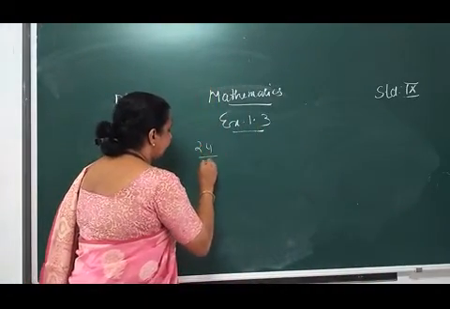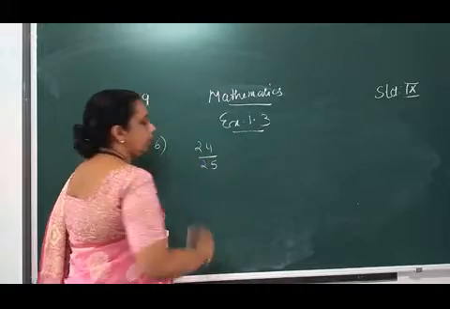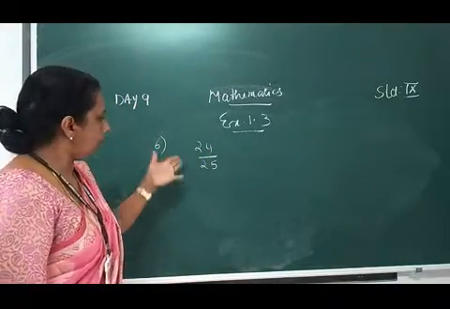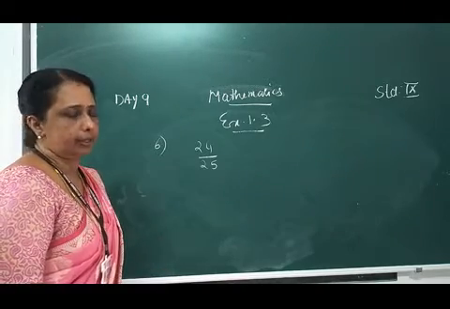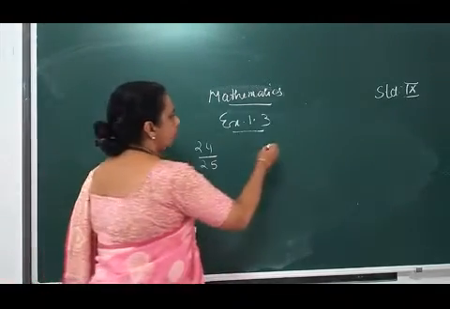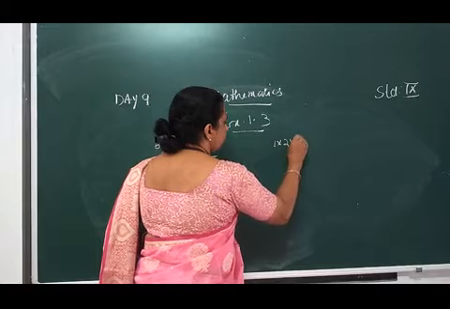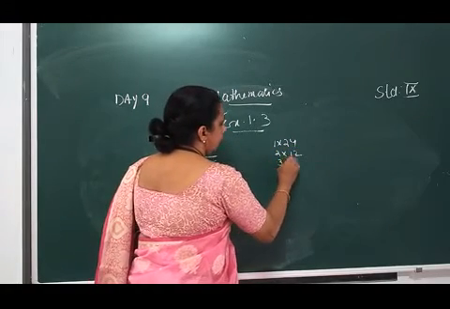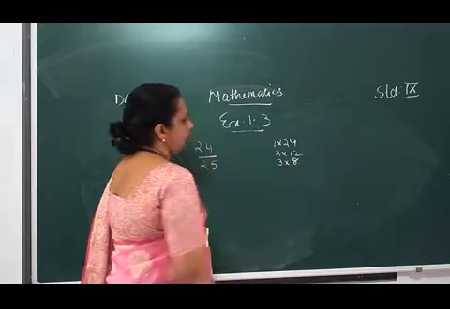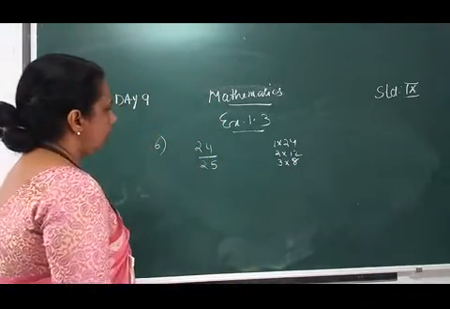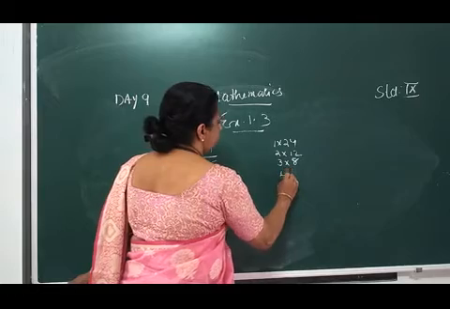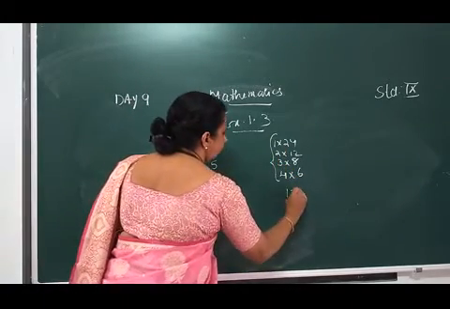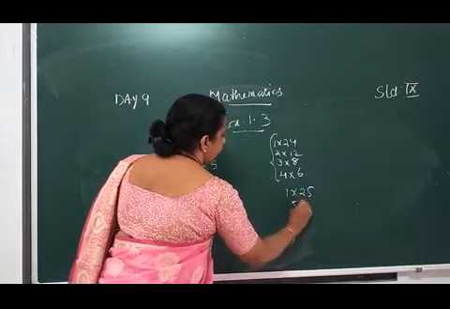24 and 25, that is 24 divided by 25. Both are co-prime numbers, having only 1 as a common factor. The factors of 24 are 1 into 24, 2 into 12, 3 into 8, 4 into 6. The factors of 25 are only 1 into 25 and 5 fives are 25.